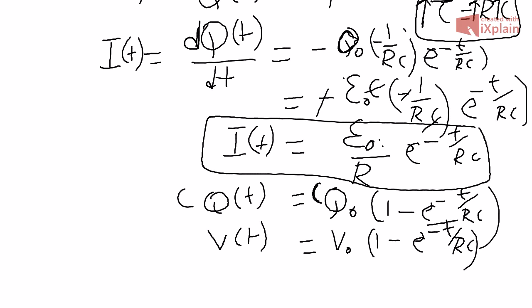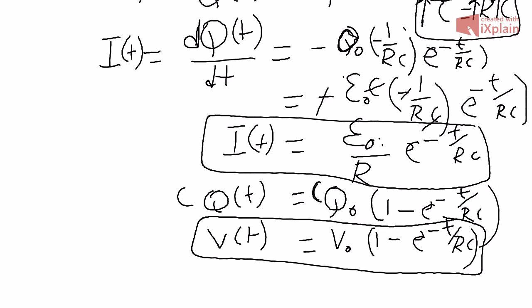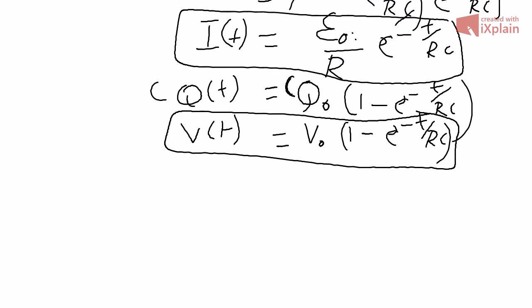So this is the expression for the voltage across the circuit. We can also write how the variables behave when there is zero time across the RC circuit.